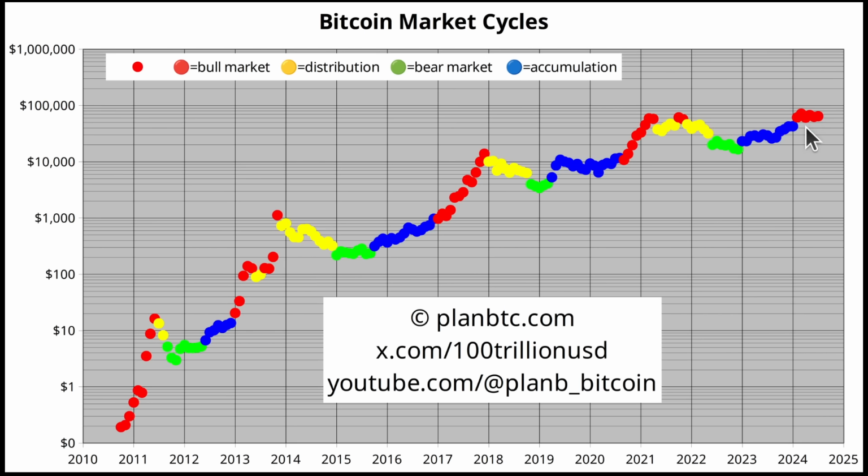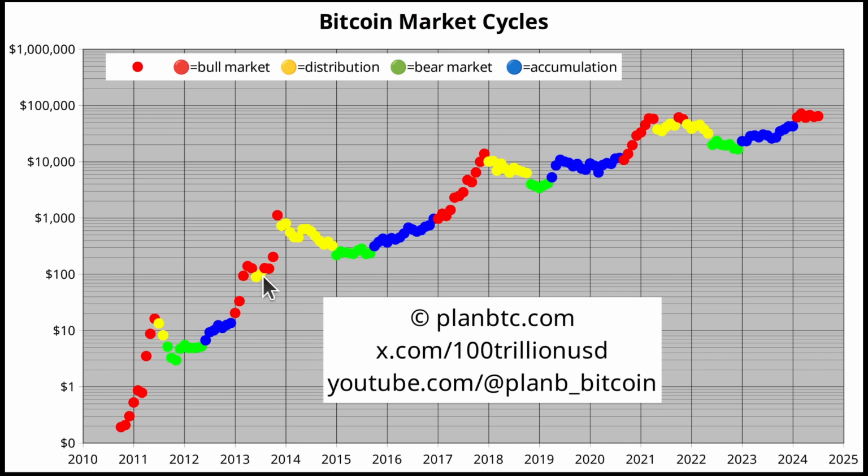Now, note one more thing. The bear markets, the green, are very clean. The accumulation phase, blue, those are all very clean. Red and yellow is a bit messy. For example, 2013, that's the double peak bull market. It flipped to yellow and then it flipped back to red.